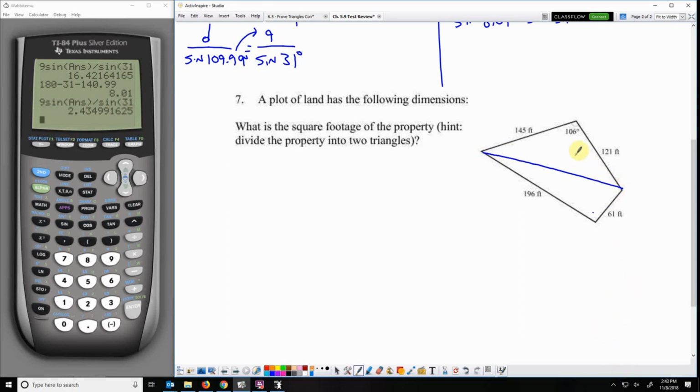Okay, so I can find an area of triangle 1 and an area of triangle 2, and add those two together. So first, for triangle 1 here, I would do half AB sine C. So we call this triangle 1 and triangle 2. For the area of triangle 1, it's half AB sine C. So 145 times 121 sine 106.